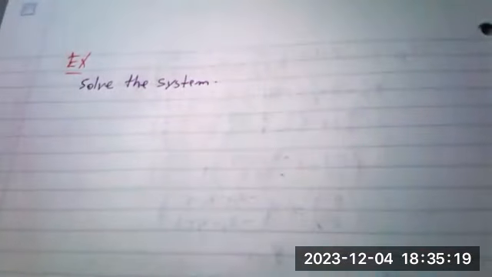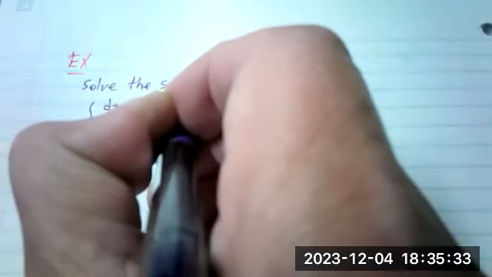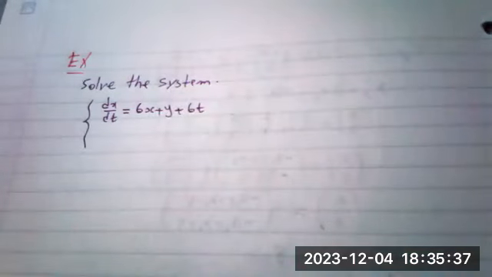How are we going to solve this system? Now your system is given to you in this format. We have dx/dt equal to 6x plus y plus 6t. That's the first part.